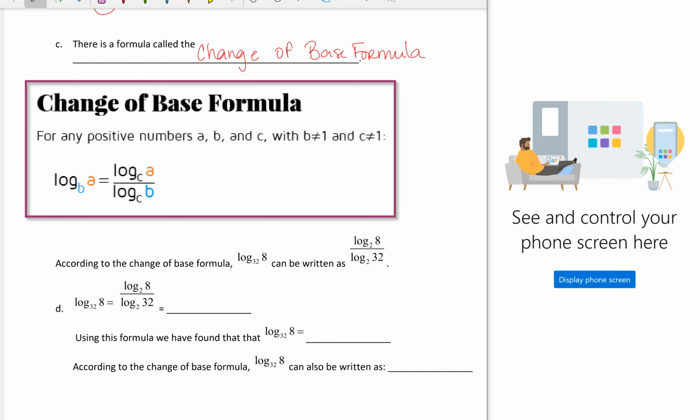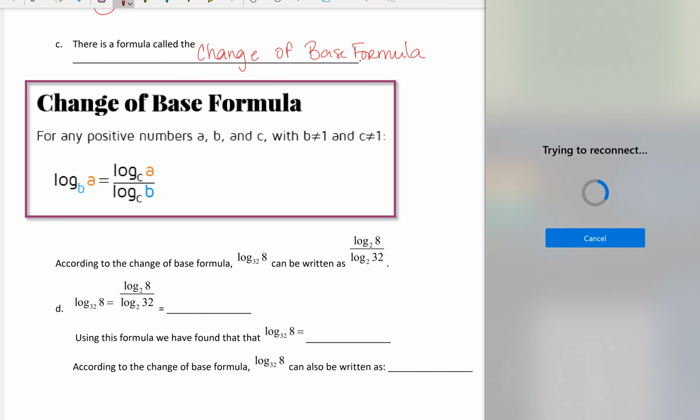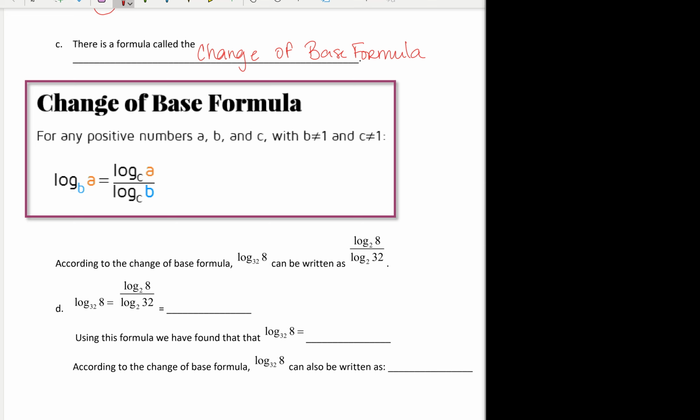It says for any positive numbers a, b, and c, with b cannot be equal to 1 and c cannot be equal to 1, this is called the change of base formula. This is where I told you in order to take a logarithm and plug it into your calculator, we need to be able to change it up so that we can make it a base of 10, because our calculator only does a base of 10.